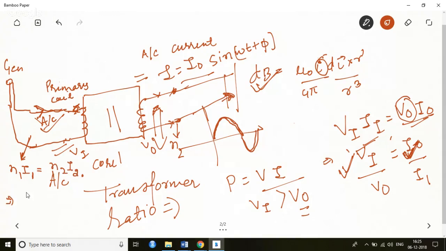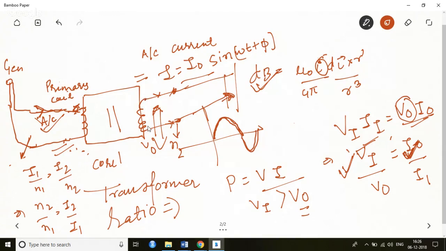Sorry, I have written this wrong. This would be I1 by N1 is equal to I2 by N2. So N2 by N1 is equal to I2 by I1.